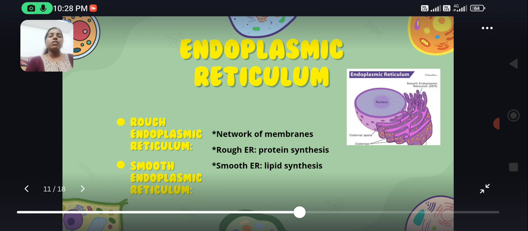Rough endoplasmic reticulum is helpful for protein synthesis, like ribosome. Smooth endoplasmic reticulum is helpful for lipid synthesis. So in most cases the endoplasmic reticulum is seen attached to the nucleus in all types of cell. This is about endoplasmic reticulum.